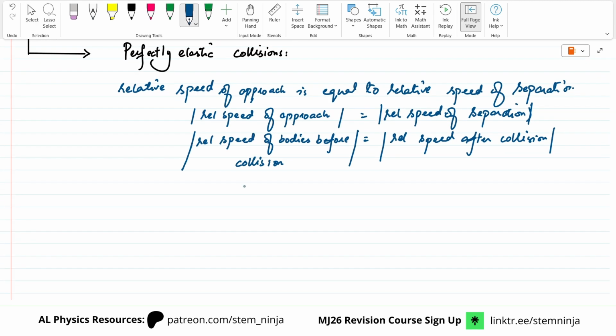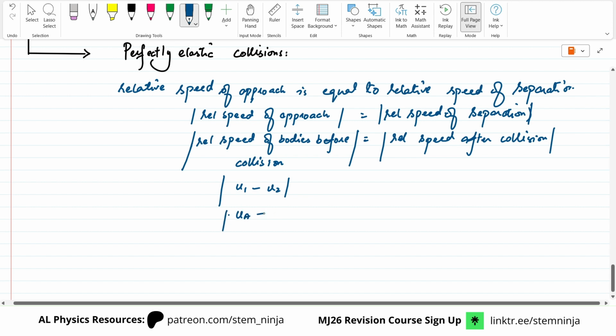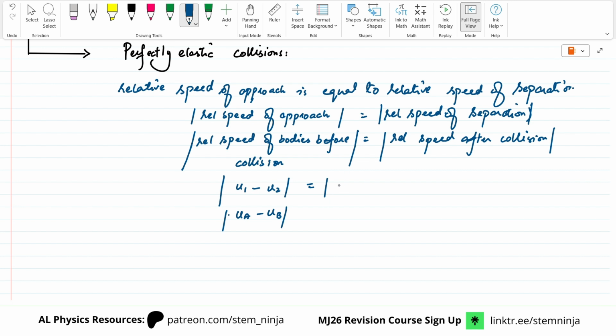So basically, if you have V1 minus V2, wait a second, U1 minus U2, or UA minus UB, this would have the same magnitude as V1 minus V2 and VA minus VB.